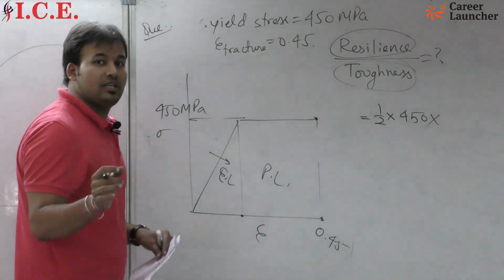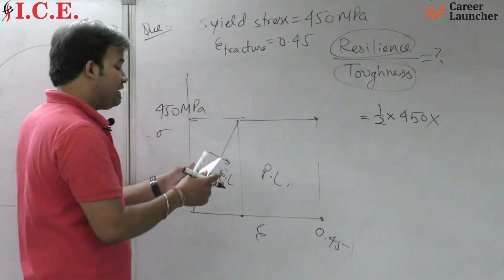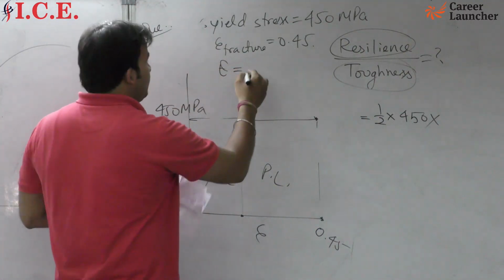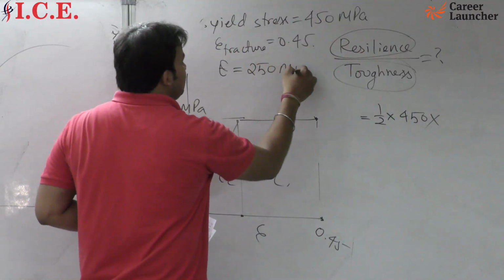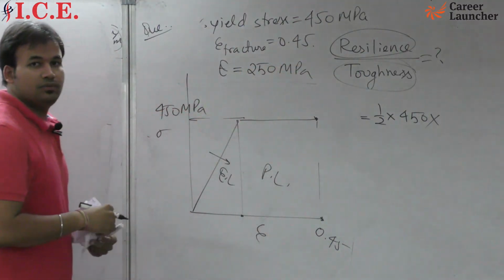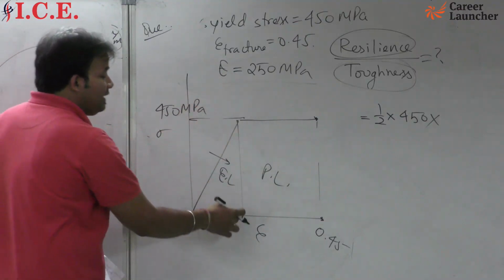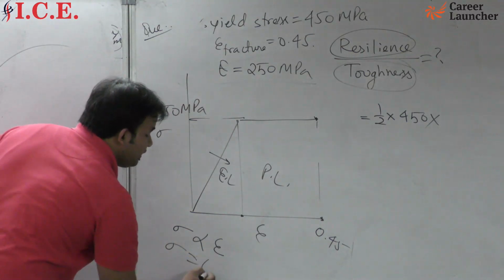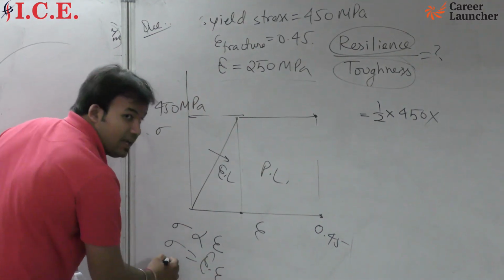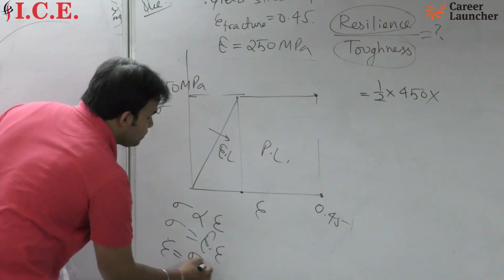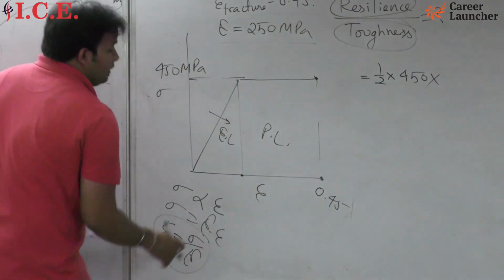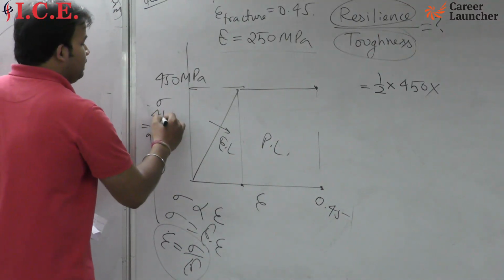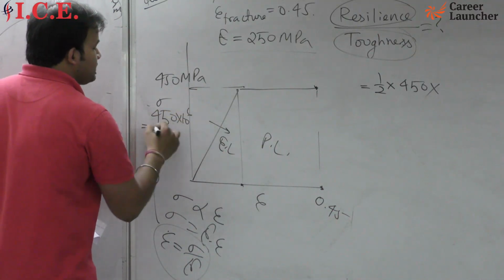But in the question one more thing is given, that is E. The value of E is given here, 250 megapascal. So on the basis of E, you can find this value, because you know the stress is directly proportional to strain. Sigma is equal to capital E into small e, and from here epsilon is equal to sigma upon E. For this point, you have sigma, that is 450 into 10 to the power 6.